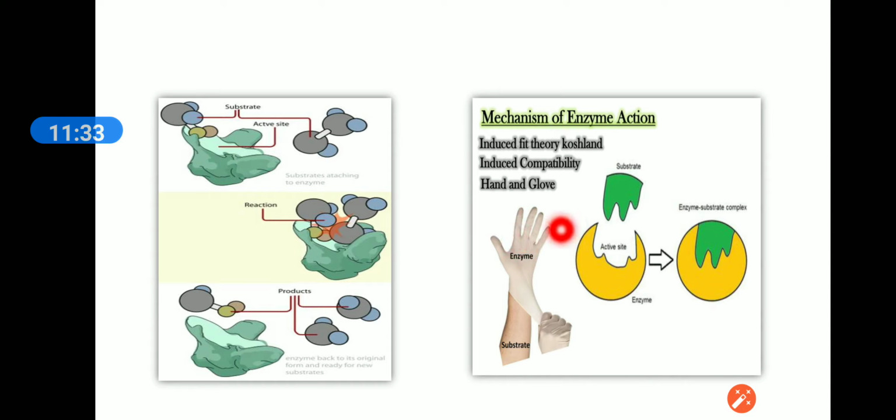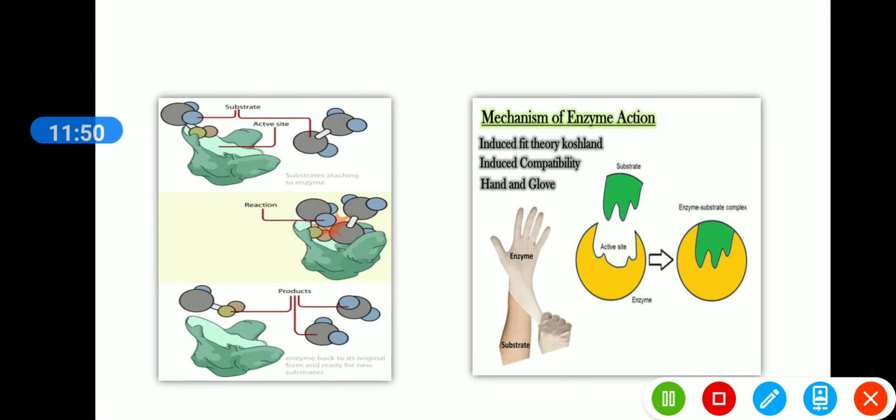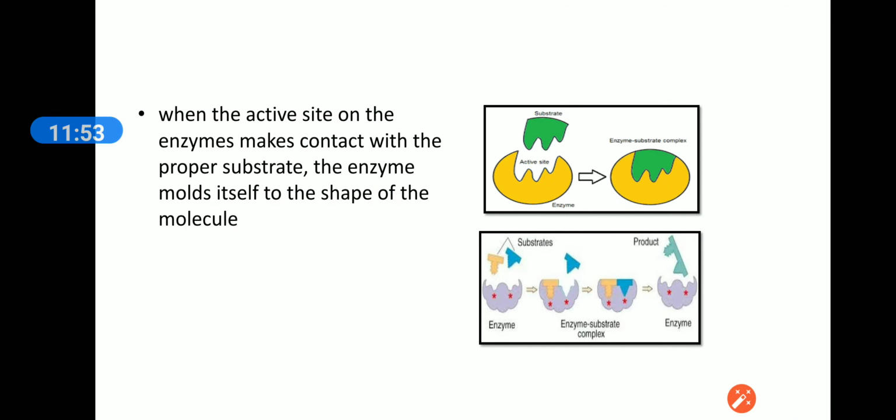So the only thing this explains further is the flexibility of this complex of substrate and enzyme in this model, which was the limitation of the lock and key model. When the active site on the enzyme makes contact with the proper substrate, the enzyme molds itself to the shape of the molecule.